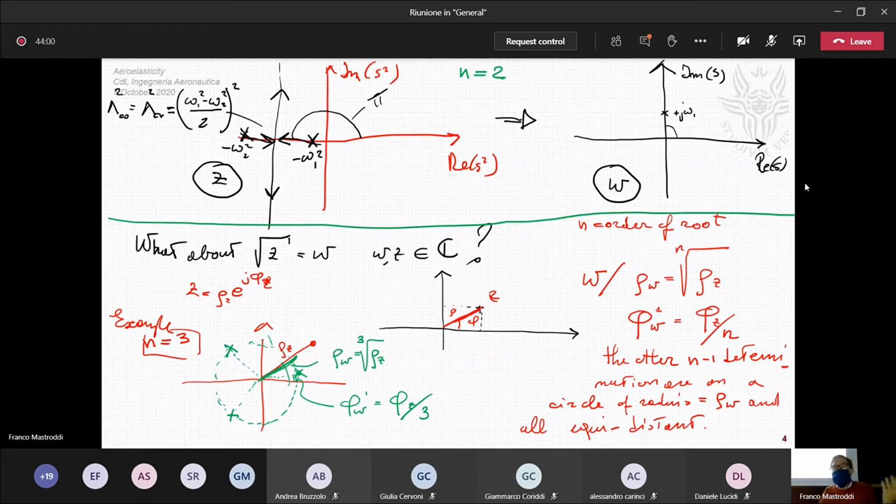And this is easy to apply up to this collision point because you have another root here, and so the other root is minus j omega 1, and if you increase lambda higher and higher, this root is going toward the average value, and therefore this is going here and this is going here, closer and closer to the origin.